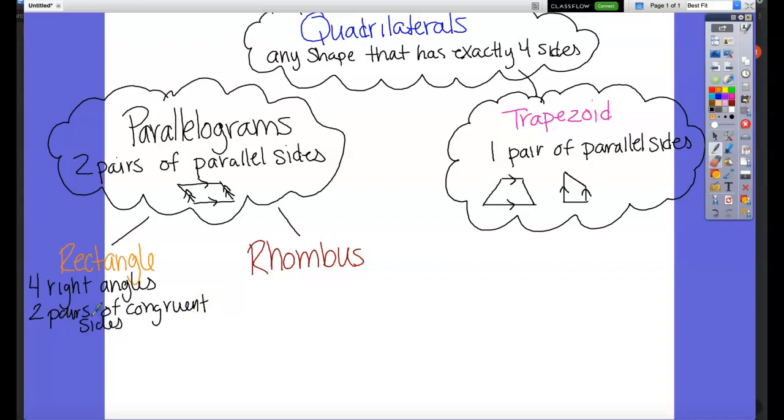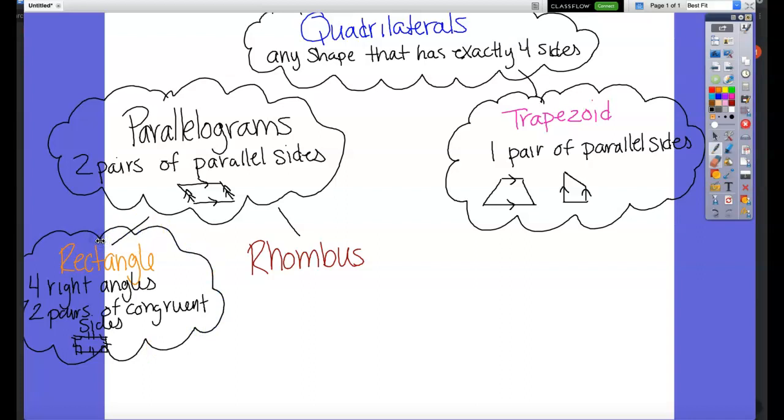So what I mean by that is you have this side and this side are parallel to each other, and they are also equal to each other. And then your top and bottom are also parallel to each other and also equal to each other. And then you also have all 4 angles as right angles. So that is your definition of a rectangle.